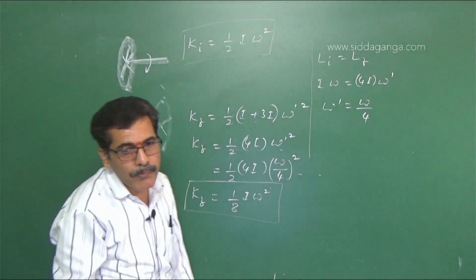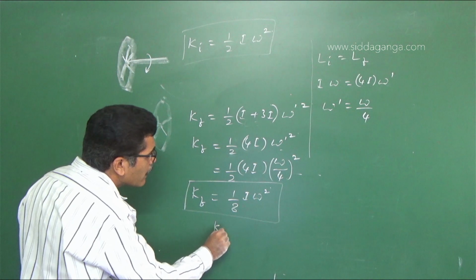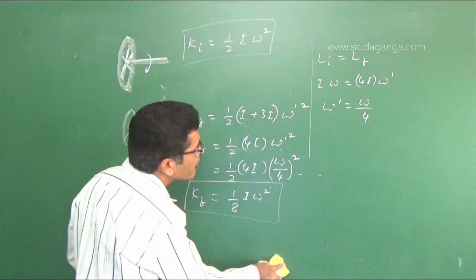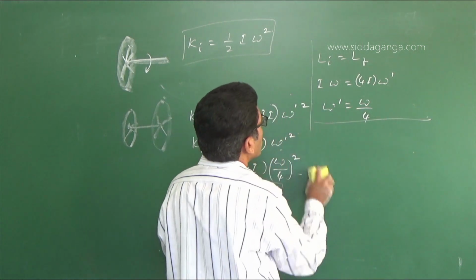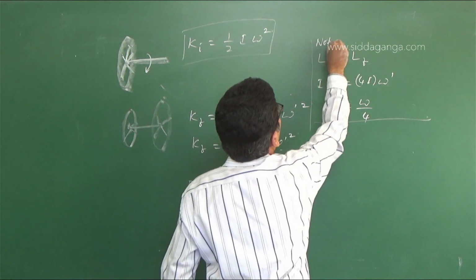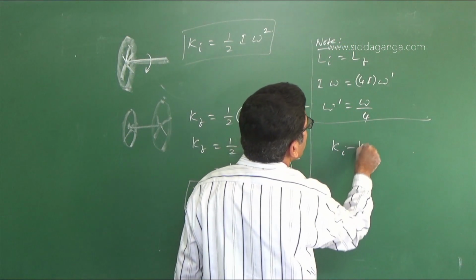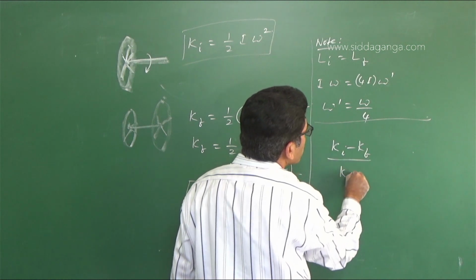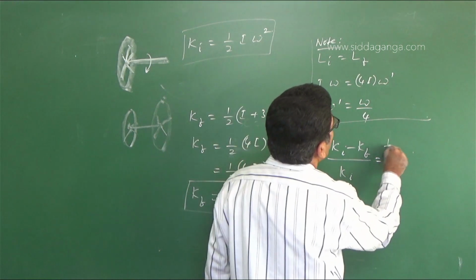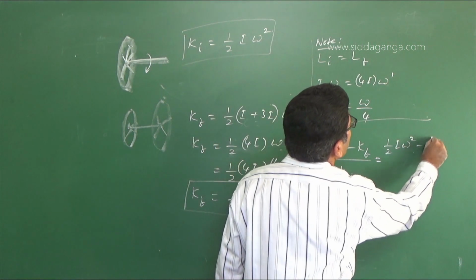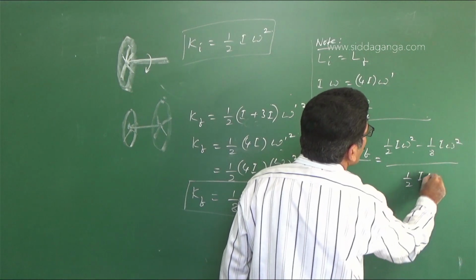They ask you to calculate the fractional loss. Therefore, loss can be calculated by K initial minus K final divided by K initial, which is 1 by 2 I omega square minus 1 by 8 I omega square divided by 1 by 2 I omega square.